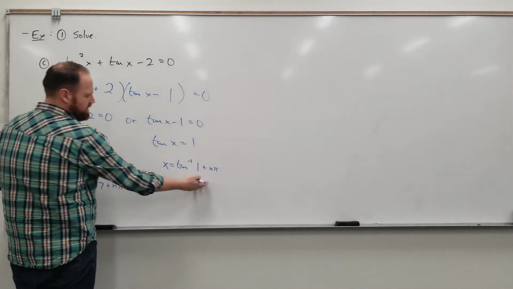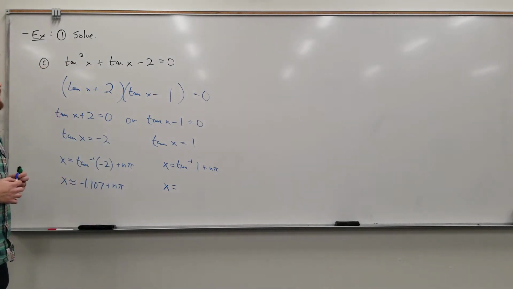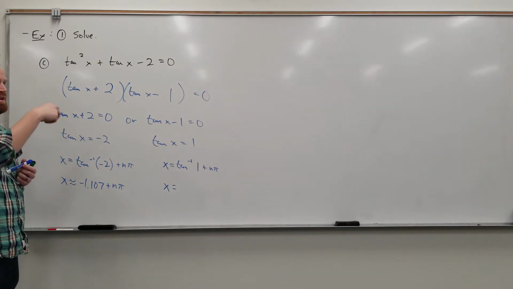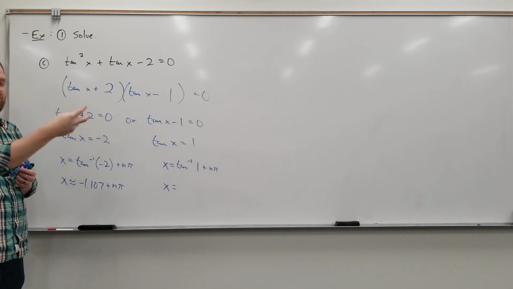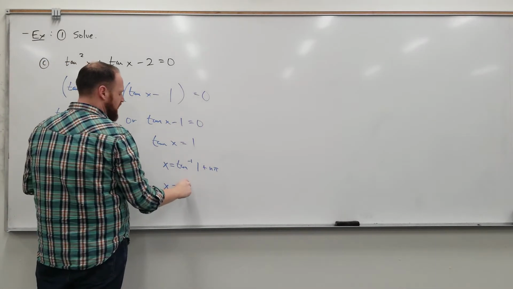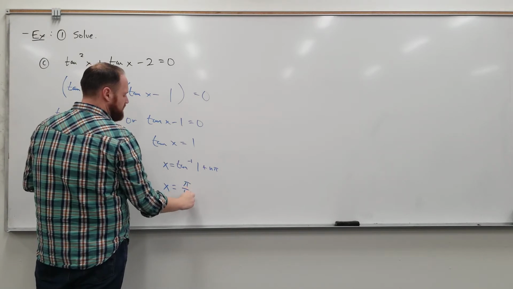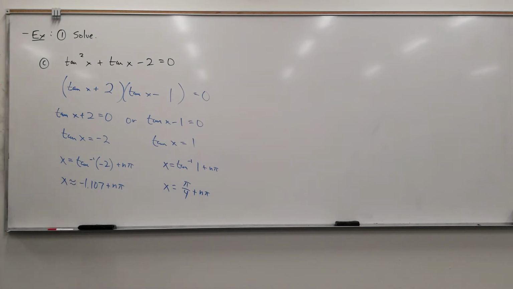This one, though, we know, tangent's going to be 1 whenever sine and cosine are the same. That happens at 45 degrees, or pi over 4 radians, right? So this is going to be pi over 4 plus n pi. And that does it for that one, right?